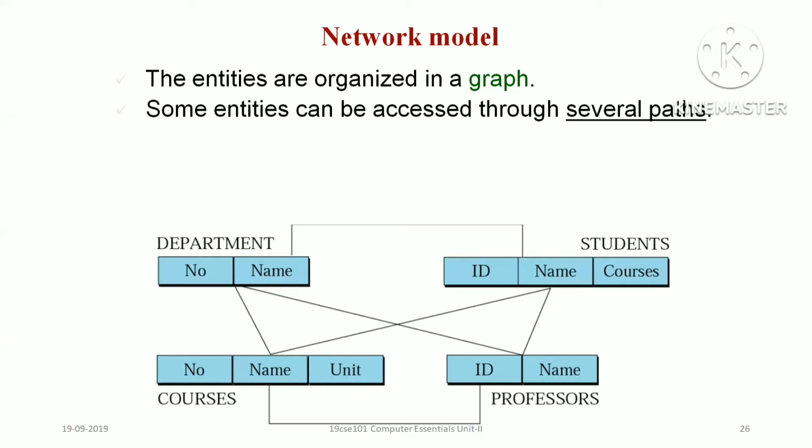If we take an example of the network model, the data is saved in different files and by using the network model, it integrates with each other, meaning it connects with each other.